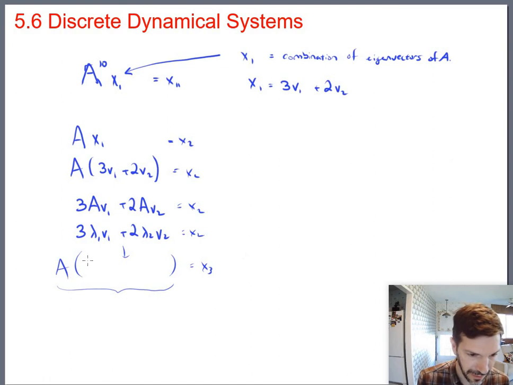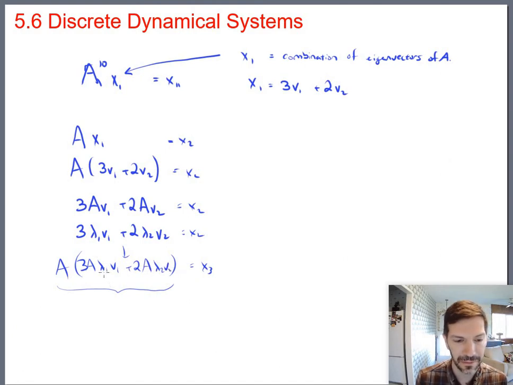oh here, maybe I should write the inside part first. So this would be 3a times lambda 1 v1 plus 2a times lambda 2 v2, but a times an eigenvector is the same thing as eigenvalue times the eigenvector.